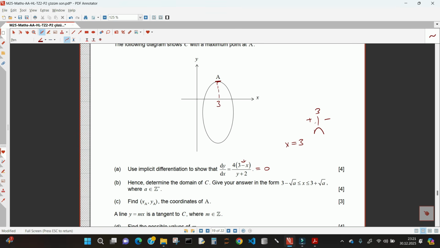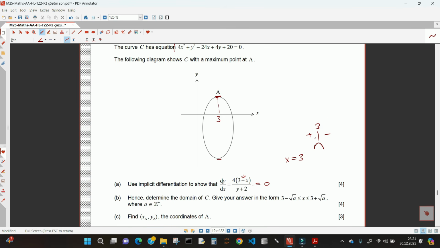So what is that? If you, for example, would like to write the x value, which is 3, you will find the y values of this. For example, if you call it b, you will find the y values of a and b, right?